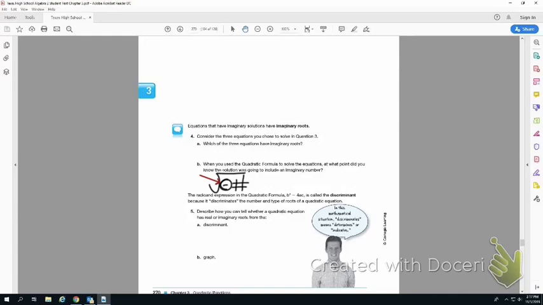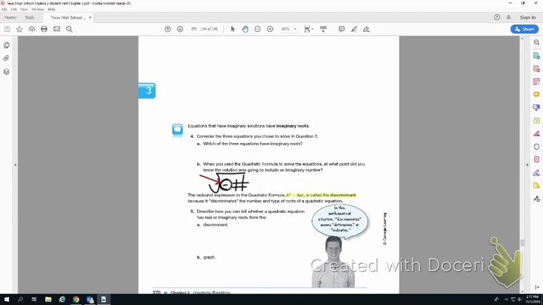That negative tells us it's going to be an imaginary number. So that b squared minus 4ac part of the quadratic formula, that number is called the discriminant. And its sole purpose is to tell you how many and what kind of solutions you're going to have. You're going to have 2 real, 1 real, or 2 imaginary.